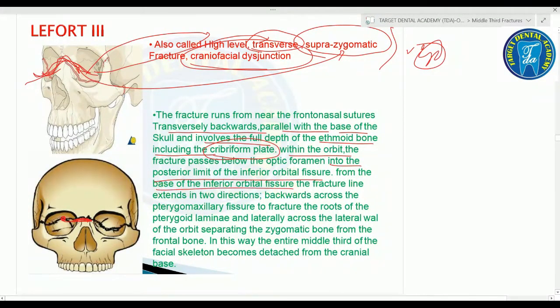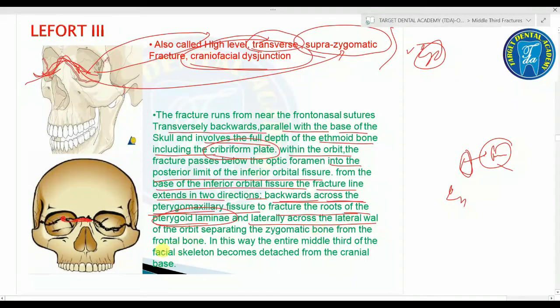From the base of the inferior orbital fissure, the fracture line extends in two directions. Backward across the pterygomaxillary fissure, the teardrop shape is the pterygomaxillary fissure, to fracture the root of the pterygoid lamina. Important.